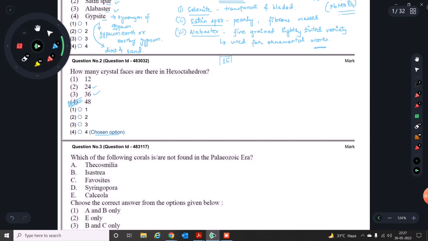So remember this number also. Maybe next time the question comes on this, that how many crystal forms are possible in the isometric crystal system. So in total we have 15 isometric or cubic forms.